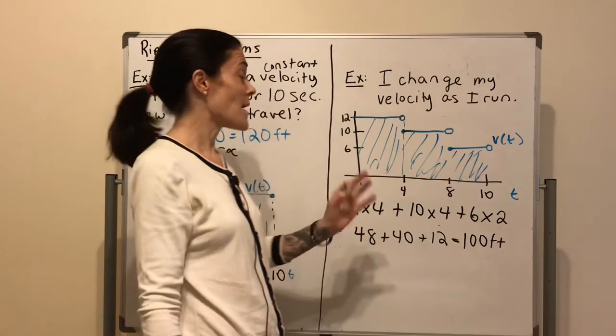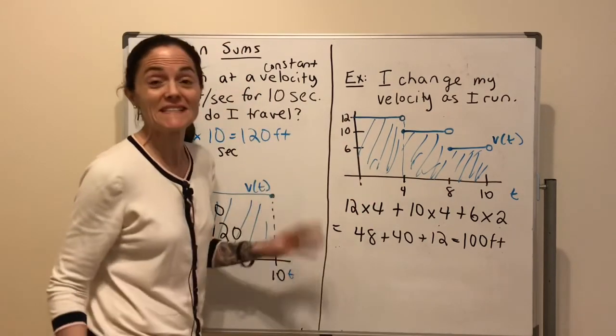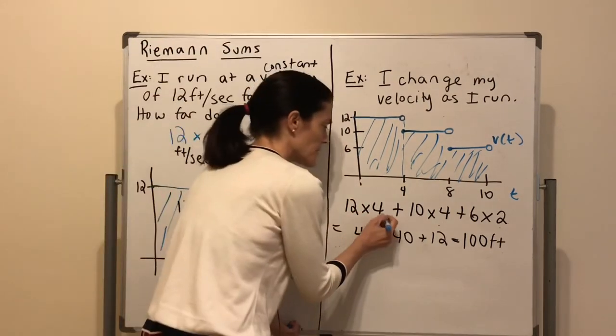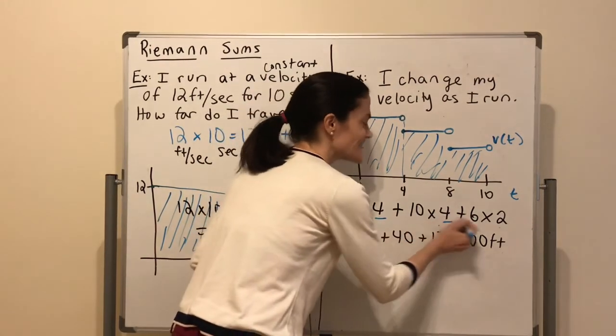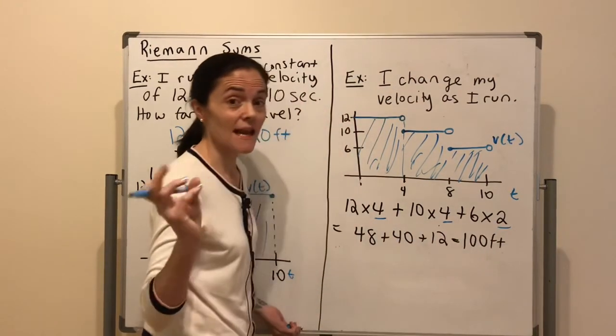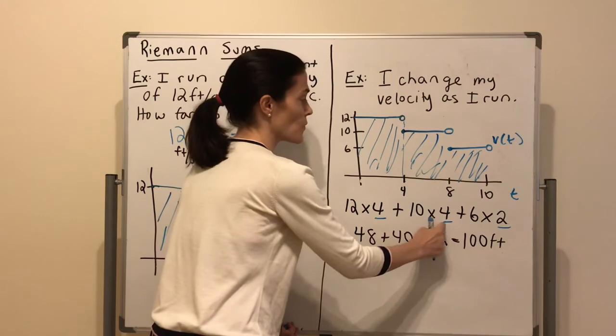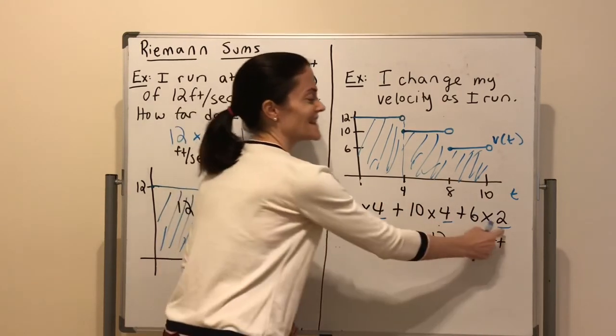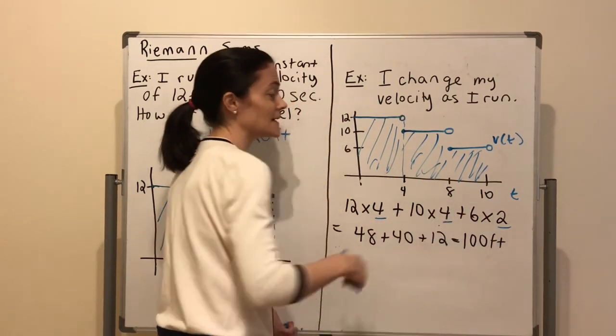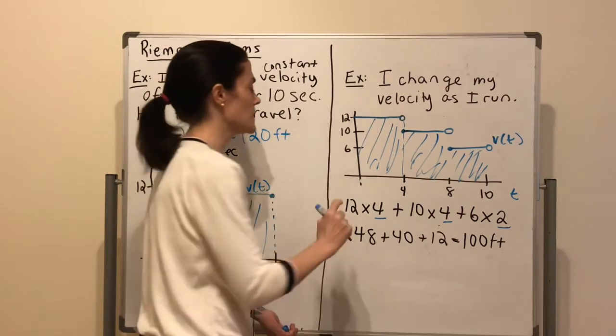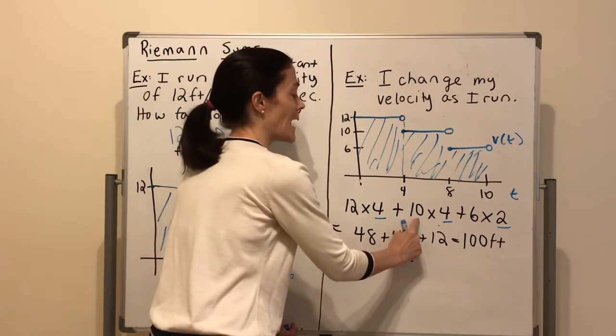We can think about this sum a little bit differently. These are the change in time, right? This 4 is really 8 minus 4. This 2 is 10 minus 8. It's the change in time, and this is the height.